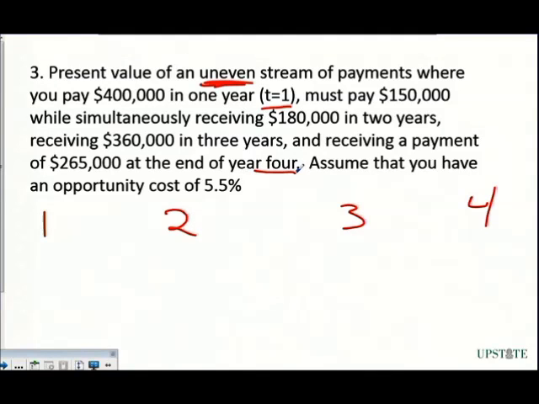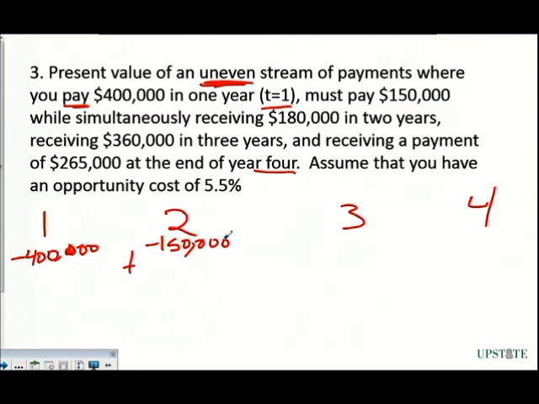In year 1 here, I'm paying $400,000, so that is going to be a negative. I'm just going to leave off the thousands here, but we have a negative $400,000. In year 2, we're also going to have to pay $150,000, so once again that is a negative as well.